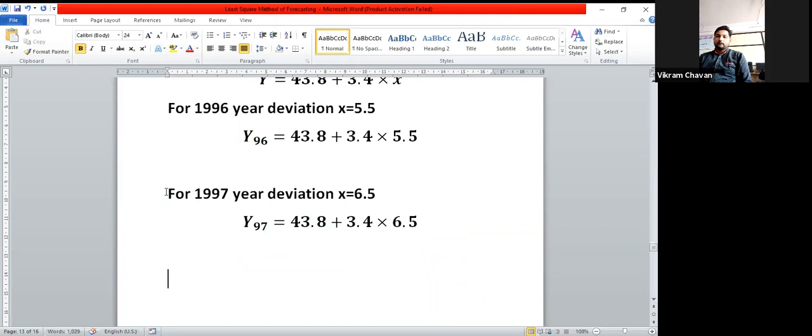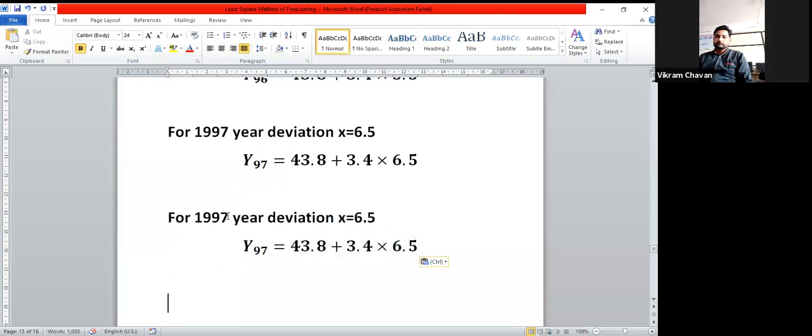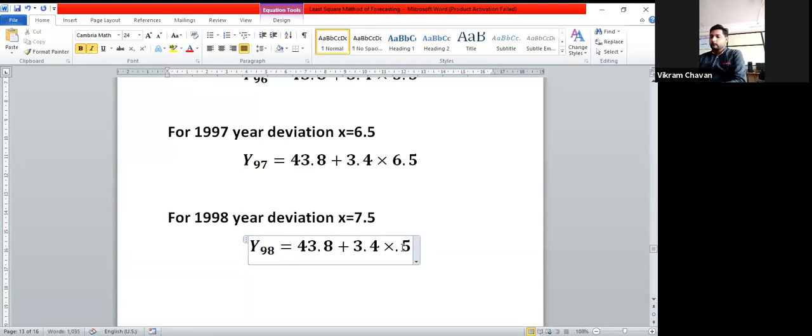And for the 1998 year, first of all we need to consider x should be 7.5, and y98 should be equal to 43.8 plus 3.4 multiplied by 7.5.